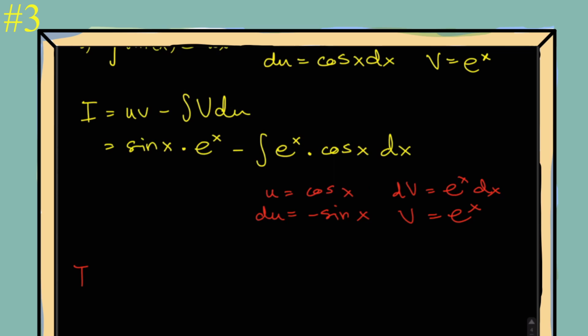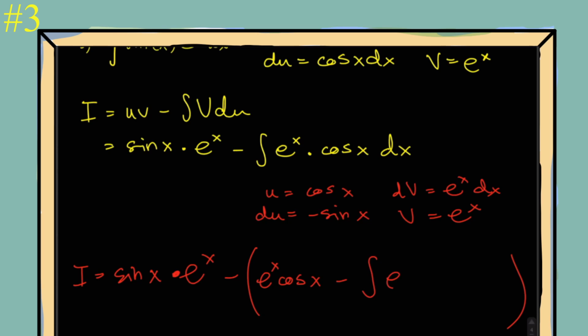Our I is equal to sine x times e to the x minus, now instead of that integral, we're going to put that uv minus the integral of v du, so that's e to the x cosine of x minus the integral of e to the x times minus sine of x dx.